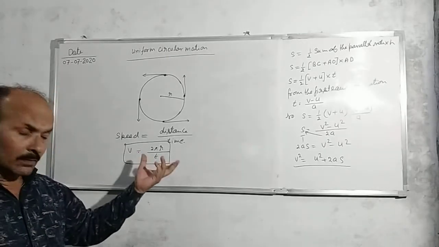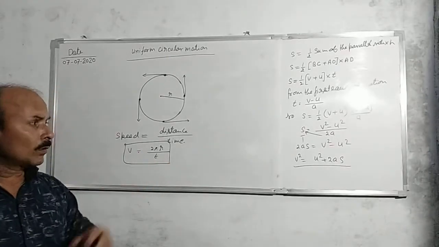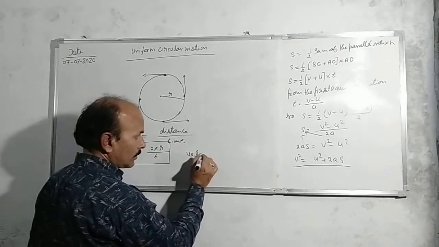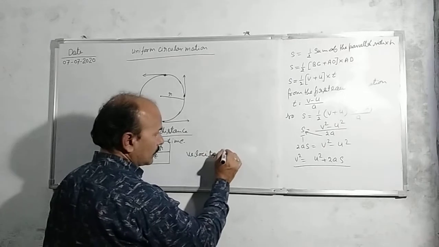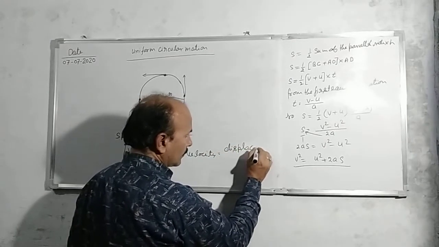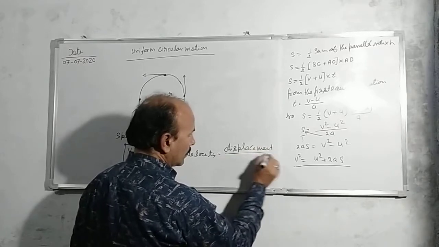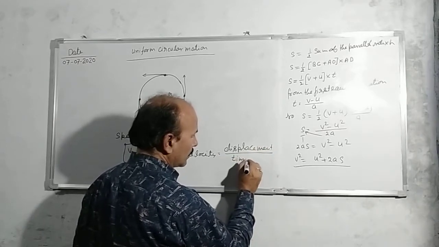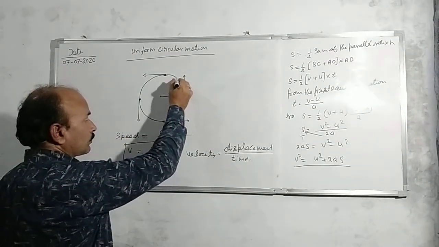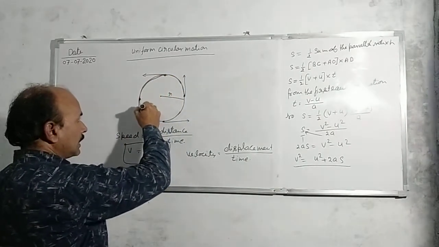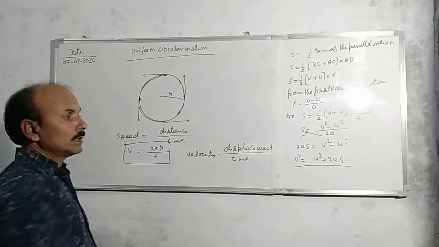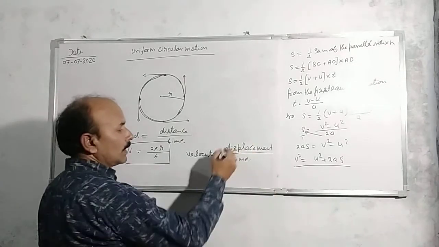Initially I told you that velocity is equal to displacement upon time. If the object starts moving from this point and after taking a complete round reaches the initial point, then what will happen?